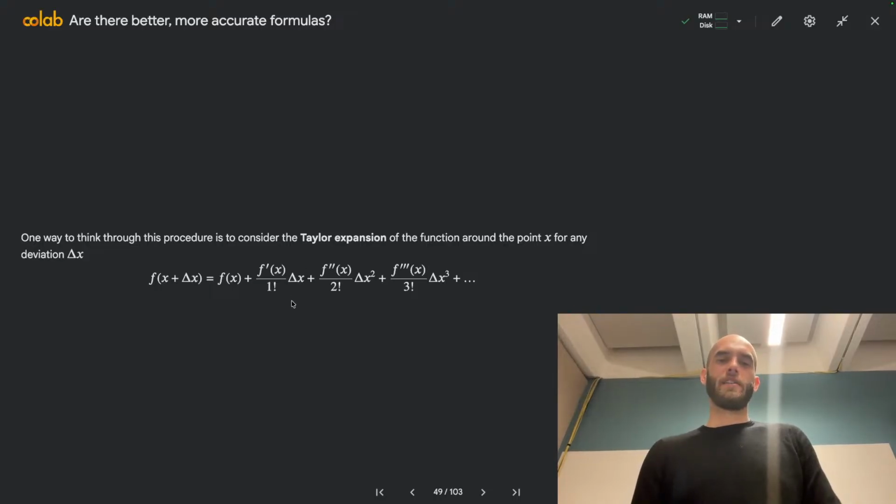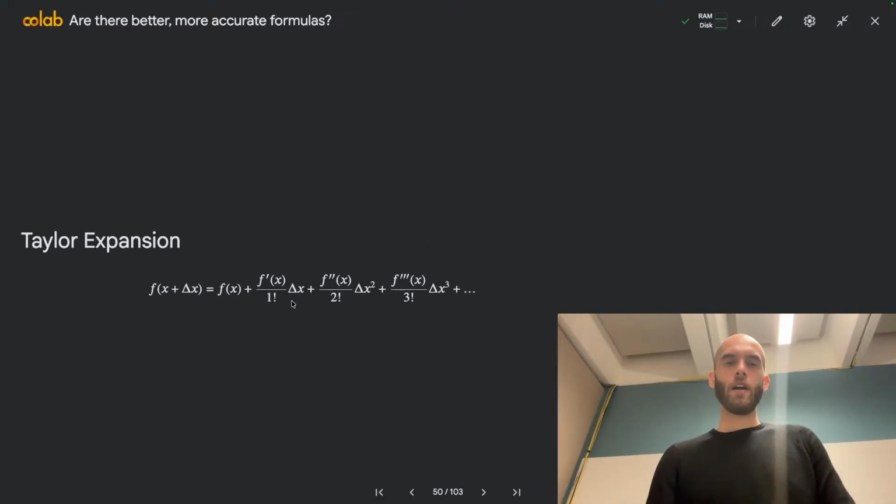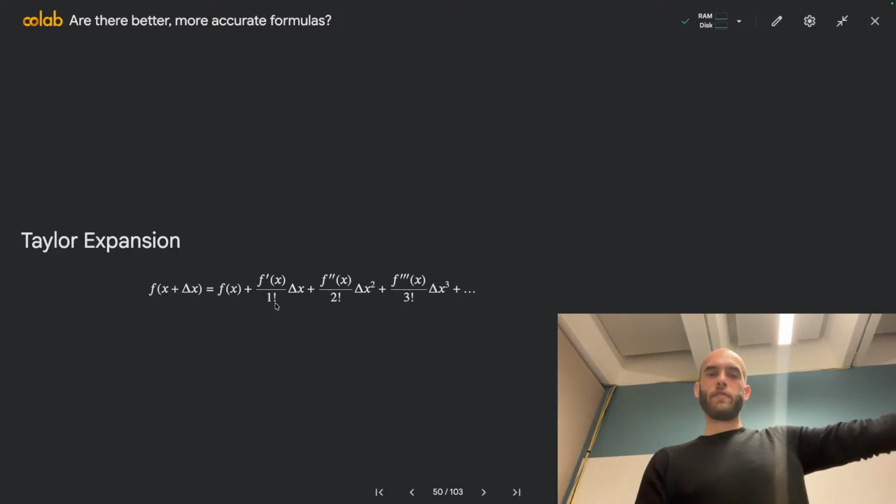I'm not going to get into the details here. What we call the Taylor expansion. One detail I'll talk about is how this is evaluated. Just f of x, then we have f prime of x divided by the factorial of the derivative number.